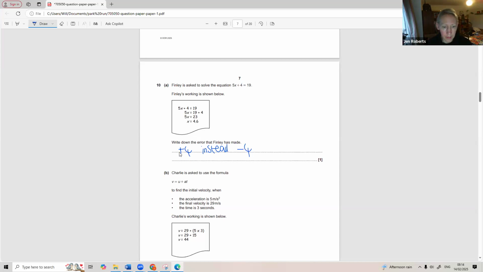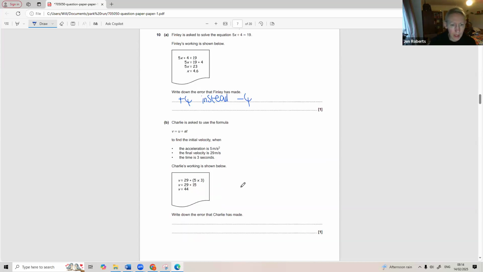That is his mistake. Okay, Charlie is asked to use the formula V equals U plus at to find the initial velocity when the acceleration is 5. The final velocity is 29. The time is 3 seconds.